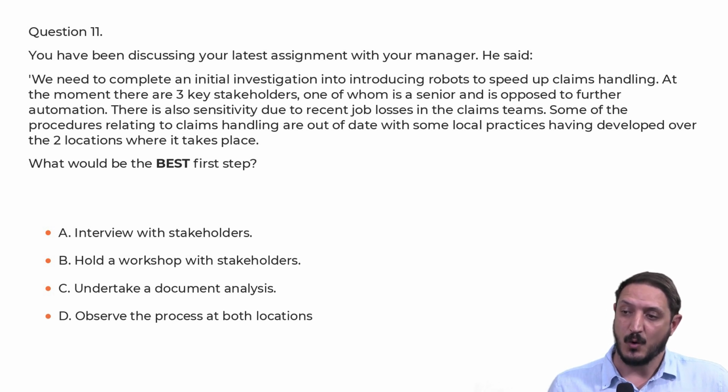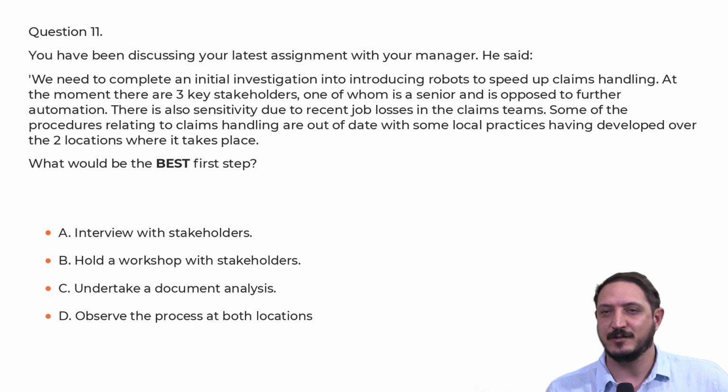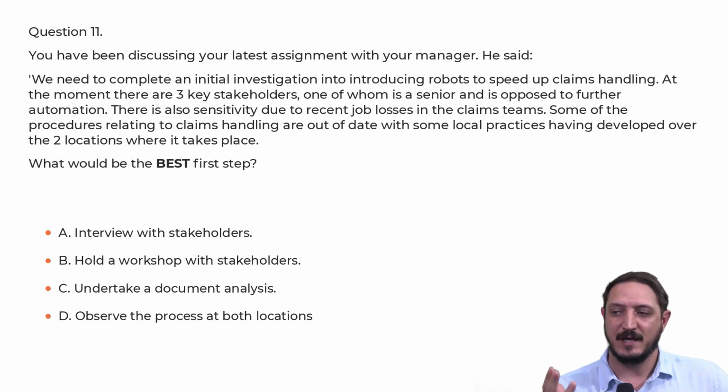And it says, we need to complete an initial investigation into introducing robots to speed up claims handling. Okay, so the context of the assignment is introducing robots or machinery to speed up this claims handling process that is taking place inside an organization.